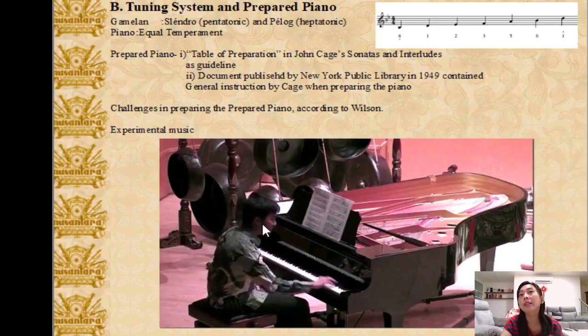Before we listen, actually, Wilson mentioned quite a few challenges when doing this, because the model of the piano is different from John Cage's, and also it's really hard to get the specific objects in the sizes indicated in John Cage's table.